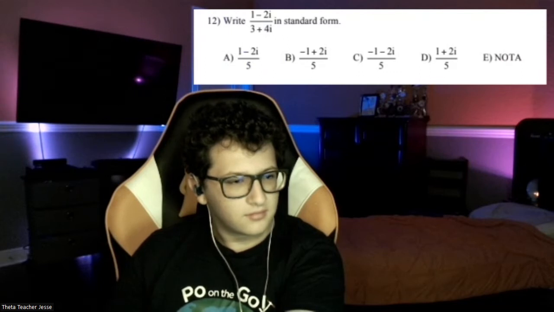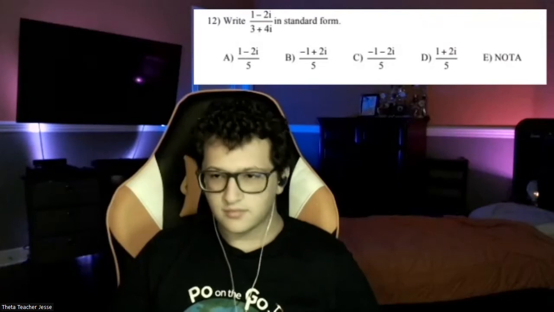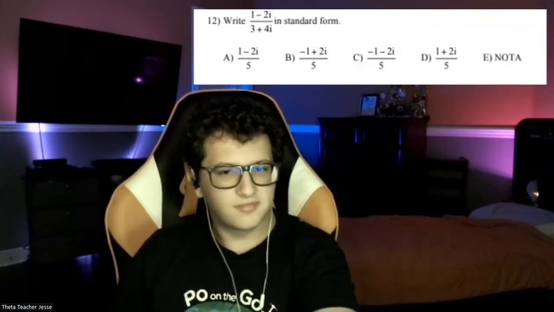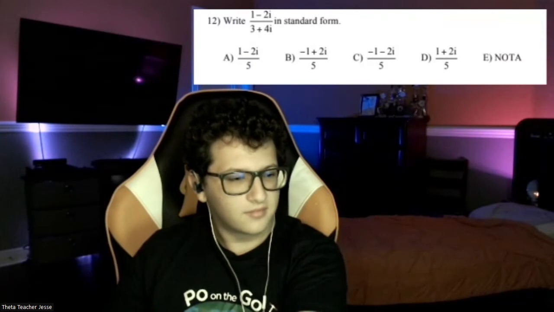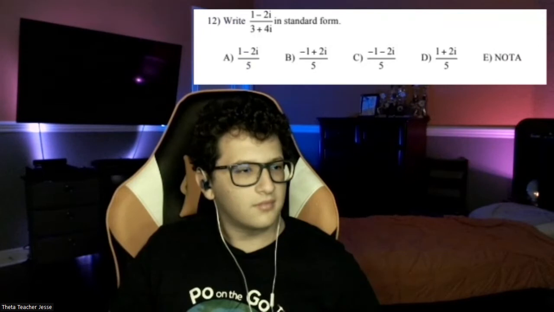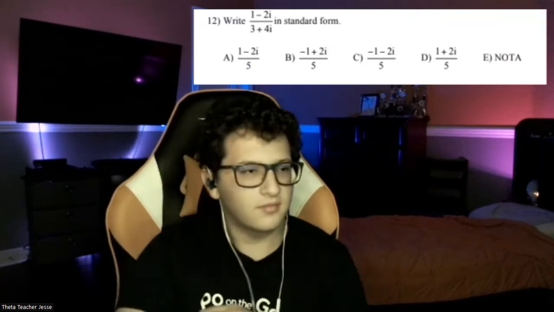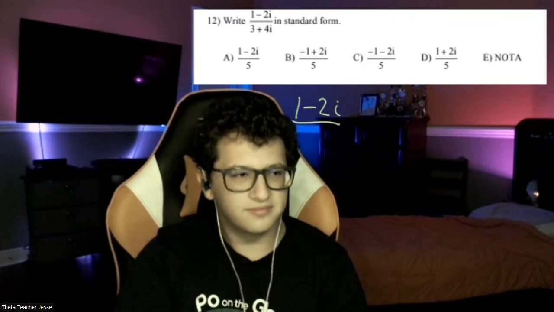Okay. Most of you guys have given me the answer. I'm going to go over it anyway. So Jesse, just write down the fraction as it's written: 1 minus 2i over 3 plus 4i. And what standard form means here is that we multiply by the conjugate.